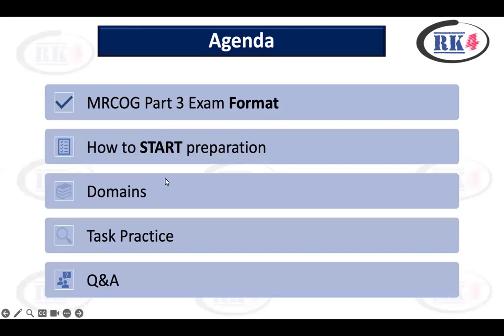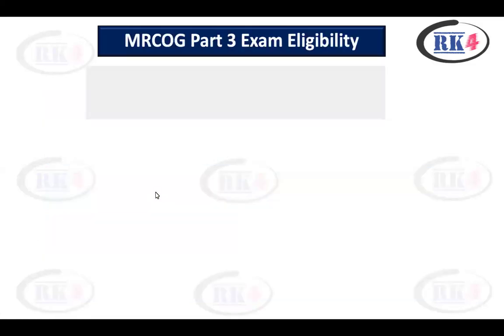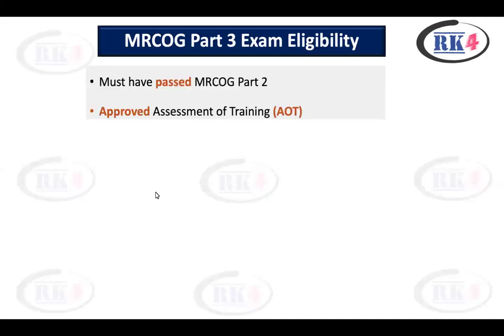So once you pass the exam, and when you're taking any exam, the main thing you need to know is whether you are eligible to take the next step or not. So for Part 3, there are two main requirements from RCOG. Number 1 is that you must have passed your exam, the Part 2, and you must have had assessment of training.